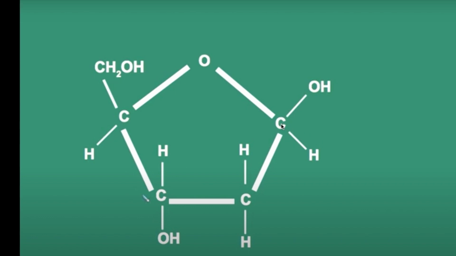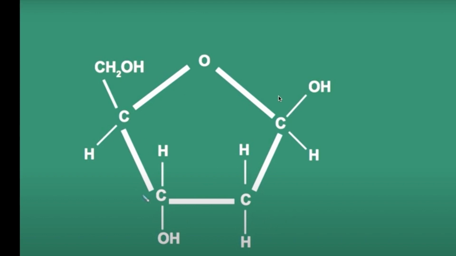This carbon here is designated as carbon atom number 1. So you've got 1, 2, 3, 4, and 5. Knowing particularly that this is carbon 5 and this is carbon 3 is useful for discussing more details about the structure of DNA and RNA later on.